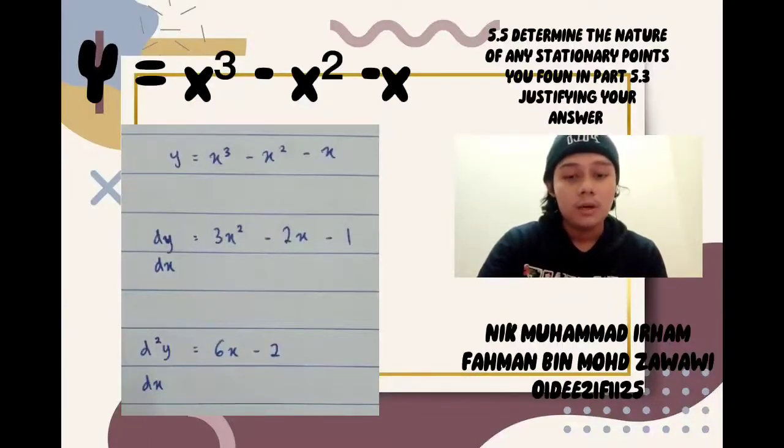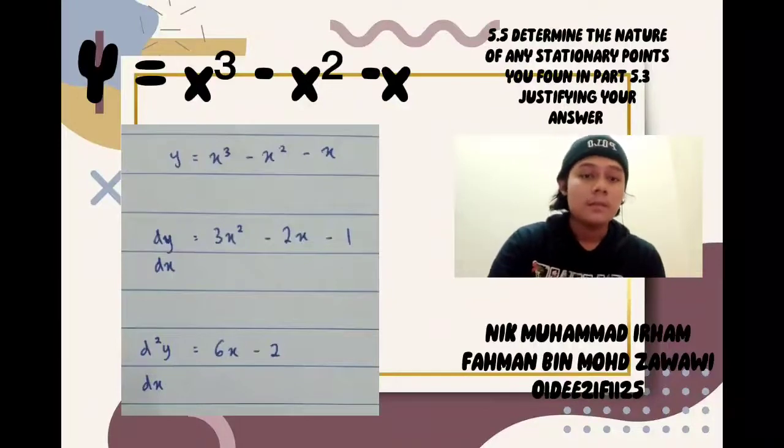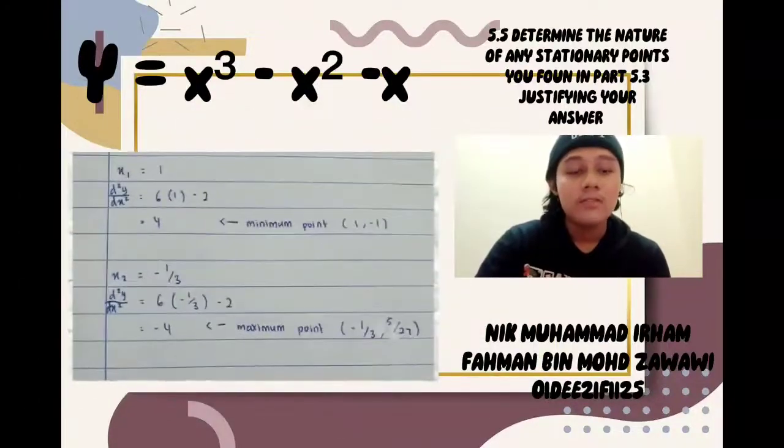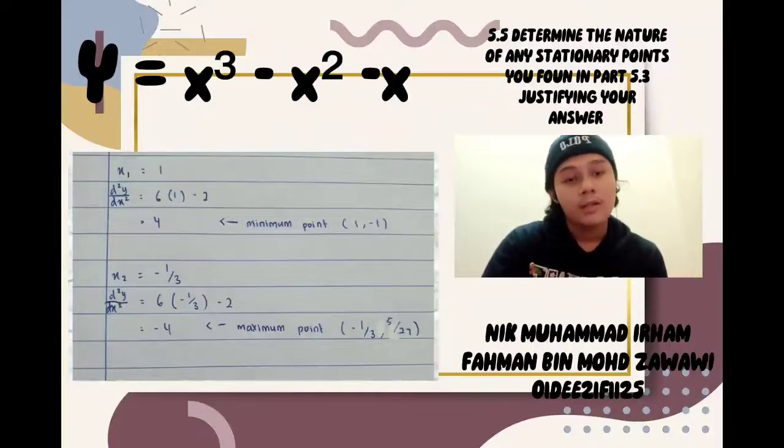So d2y over dx squared equal to 6x minus 2. So if x1 equal to 1, d2y over dx squared equal to 6 multiplied by 1 minus 2. So the answer is 4.